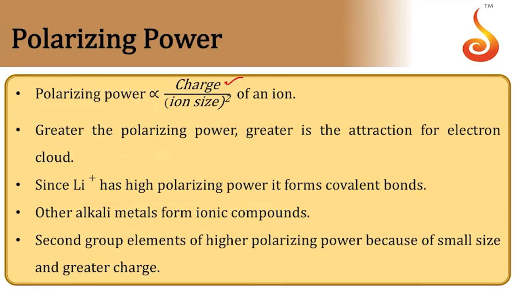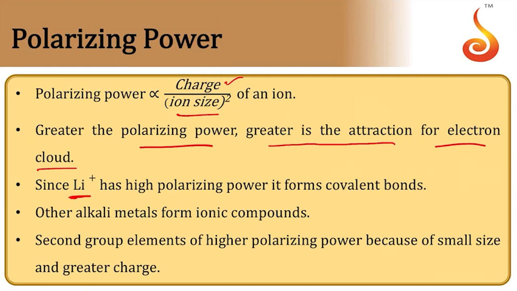Then comes polarizing power. Polarizing power basically depends upon the charge as well as the ionic size squared. So if you have similar polarizing power, you have similar properties. If you have a greater polarizing power, then it has a greater attraction for the electronic cloud, and that leads to more covalent character.